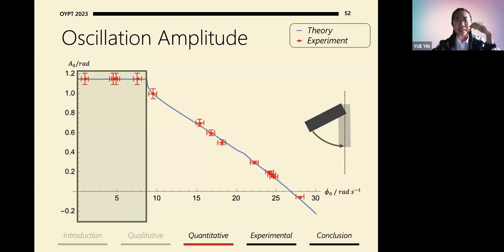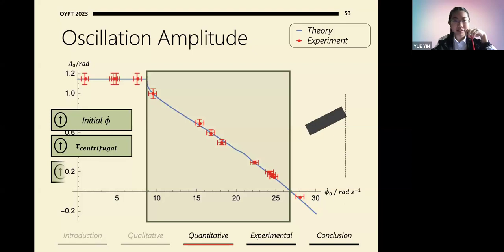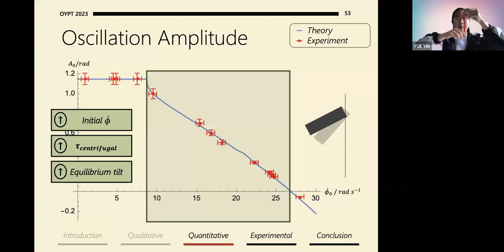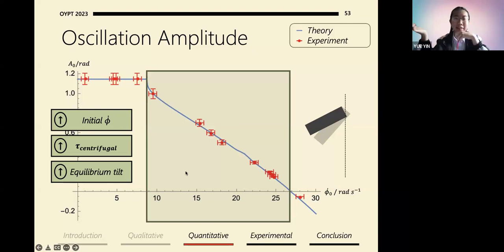But when we further increase the angular velocity, the centrifugal torque generated by its rotating motion increases, and this raises the equilibrium tilt and brings the equilibrium position closer to the initial position of the pendulum. So the pendulum does not become vertical and just oscillates about its equilibrium position. And the larger the initial angular velocity, the smaller the oscillations, because the equilibrium position is closer to the initial position.